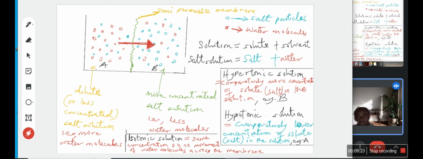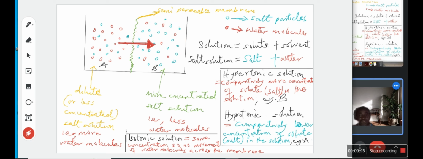So which direction will water be moving? From the one with more water particles to the one with less. Exactly, which is from the one with fewer salt particles, that is A, to the one with more salt particles, that is B, isn't it?